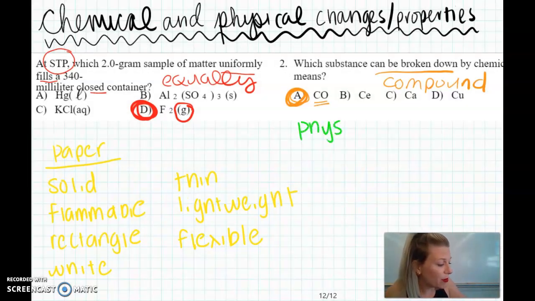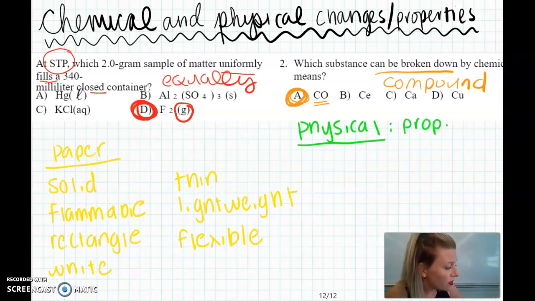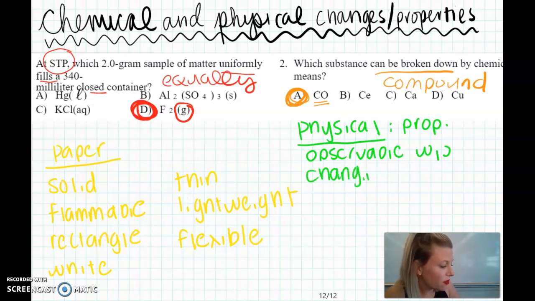A physical property is a property that can be observed without changing the chemical composition. Okay, so what do I mean by that?